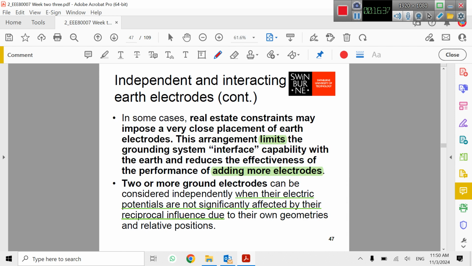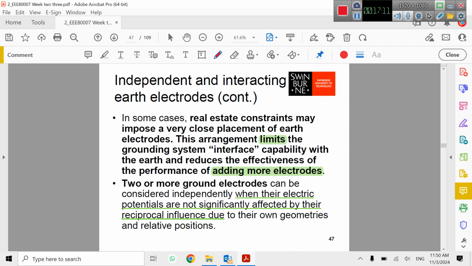In some cases, real estate constraints may impose a very close placement of an earth electrode. This arrangement limits the grounding system's interface capability with the earth and reduces the effectiveness of adding more electrodes. It means that in some cases we cannot add any more electrodes to the ground due to interfaces or mutual effect on each other.